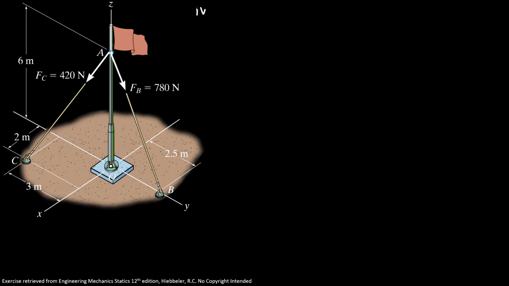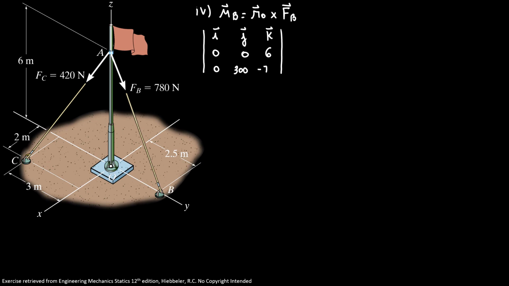First, we're gonna find our moment vector of force B about point O. That's our vector distance, cross product, our force B in Cartesian form. Now I'm gonna put my matrix i, j, k. Here I have 0, 0, 6 because our vector distance, and our vector B that we found in the first slide is 0, 300, minus 720.